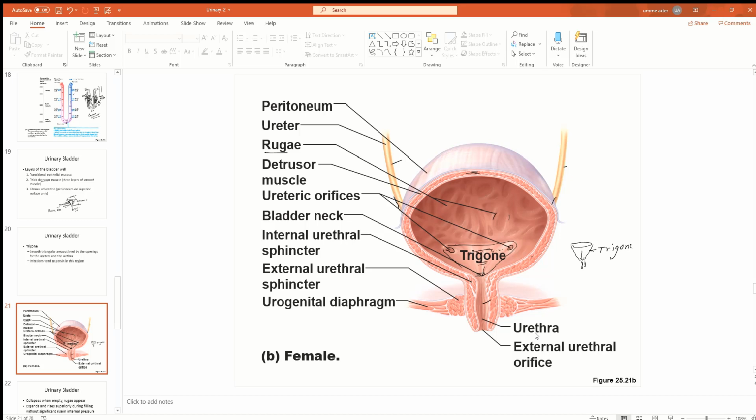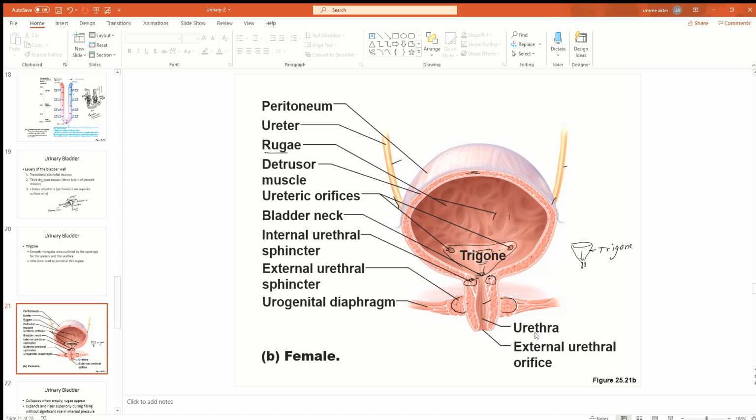Okay, now this is the urethra, and the urethra has two sphincter muscles. Here you have one sphincter just at the beginning of the urethra, and here you have another sphincter. Okay, so it is like this.